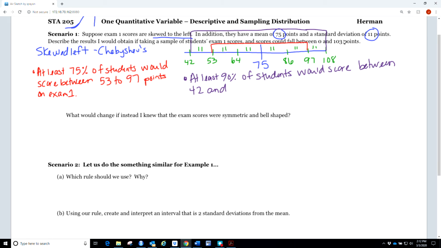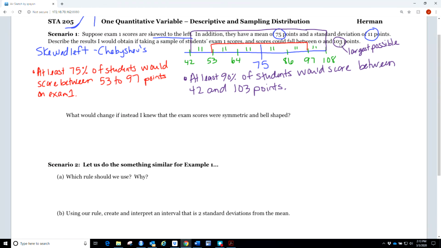However, with what they told me in the problem, the largest possible score is 103. So I kind of just want to stop it there. That's the largest possible. Now, I don't know if anyone actually will score it, but it's the largest possible value. So I'm going to stop it then at 103 points. That way what I'm interpreting at least makes sense in the end.